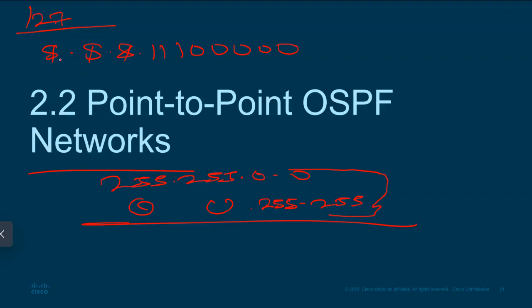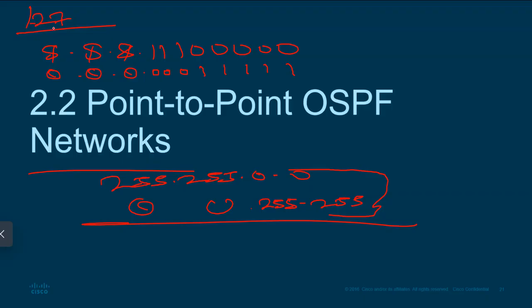Here you flip: where there are 8 ones there will be 8 zeros, and where there are zeros we flip again to ones. So you convert this, and it is 224, which means the other one will be 31.